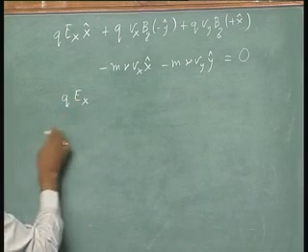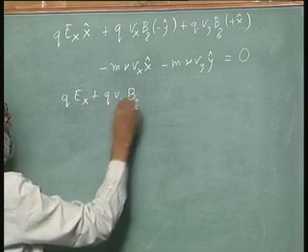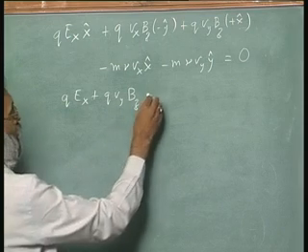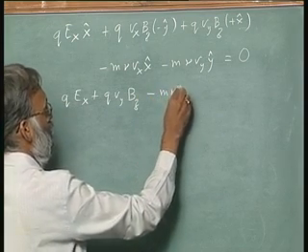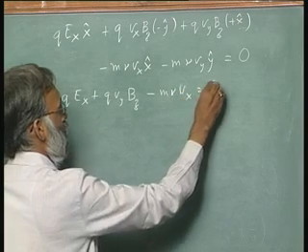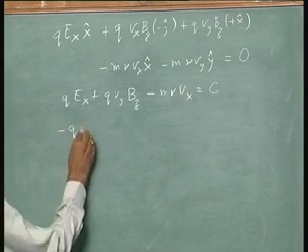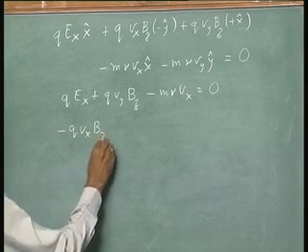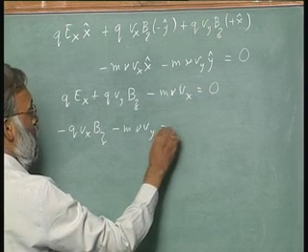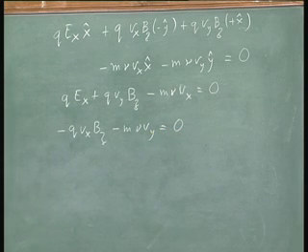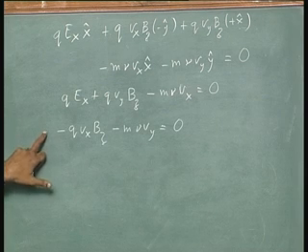QEx plus Q Vy Bz minus m nu Vx is equal to 0, and minus Q Vx Bz minus m nu Vy is also equal to 0. So, this is the x direction force balance, this is the y direction force balance.